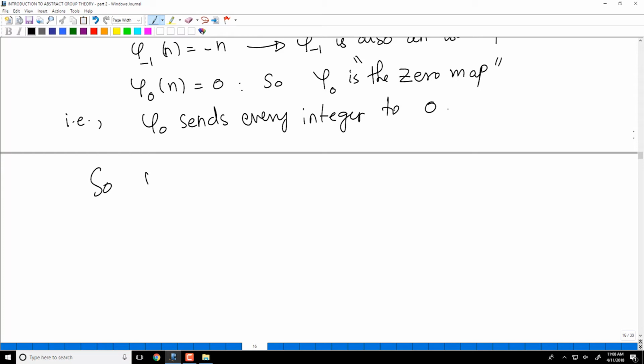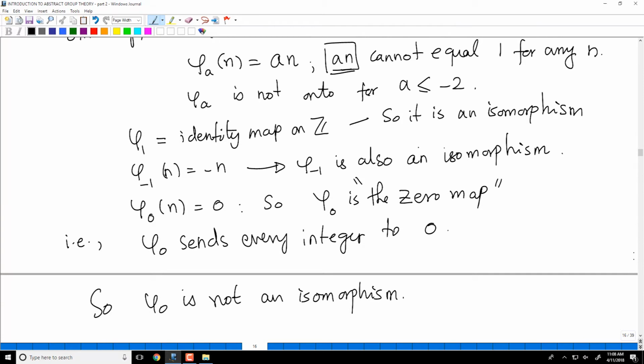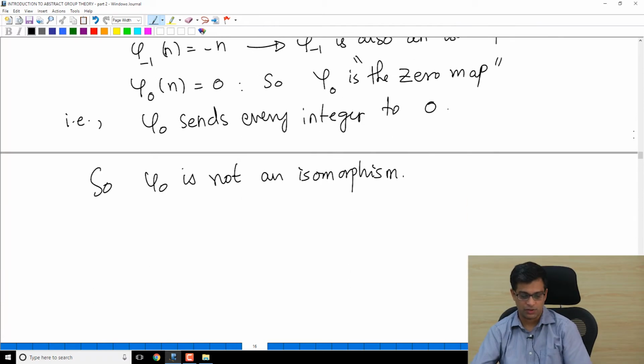So certainly phi 0 is not an isomorphism, right, because it is not onto and it is not 1-1. So we have determined that only two of these phi's are isomorphisms, phi 1 and phi -1.